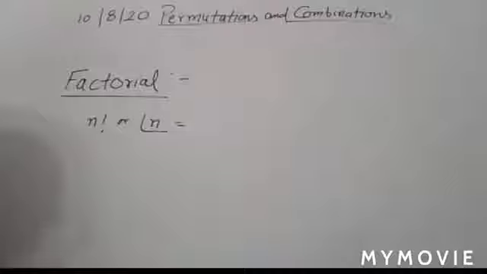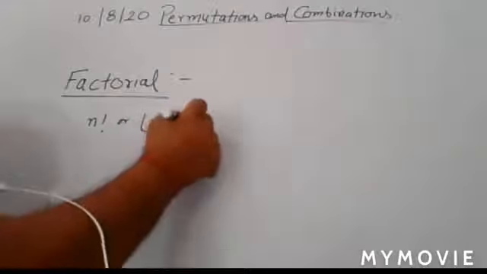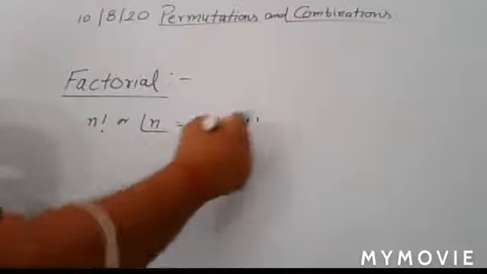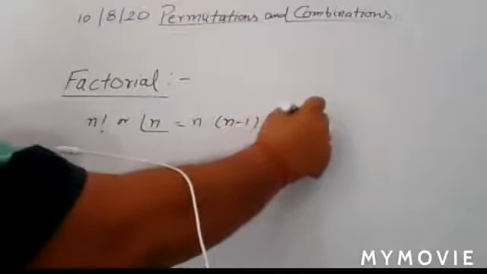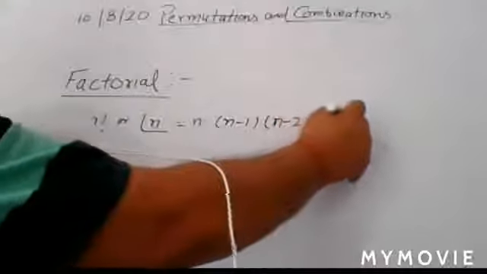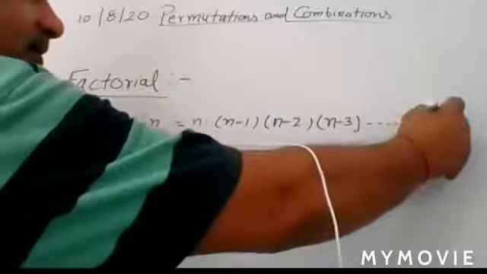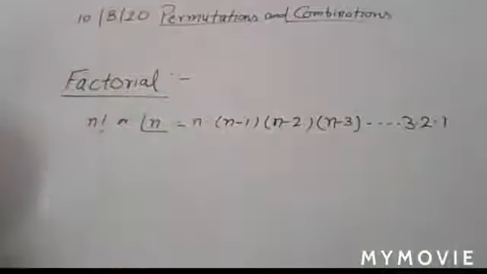You start with n, then one less, n minus 1, n minus 2, n minus 3, and continue multiplying down to 3, 2, and 1. Understand? So note that point.